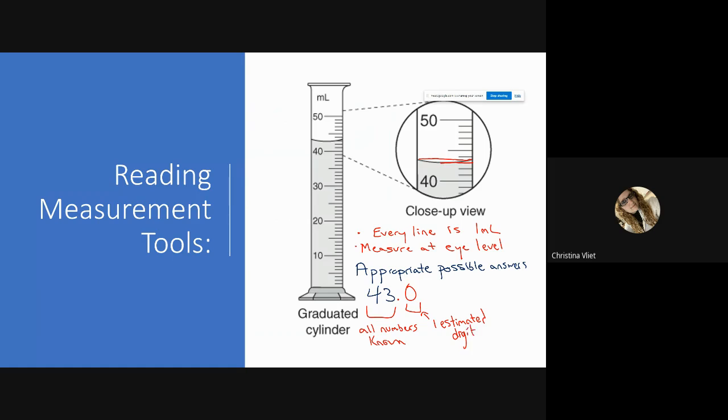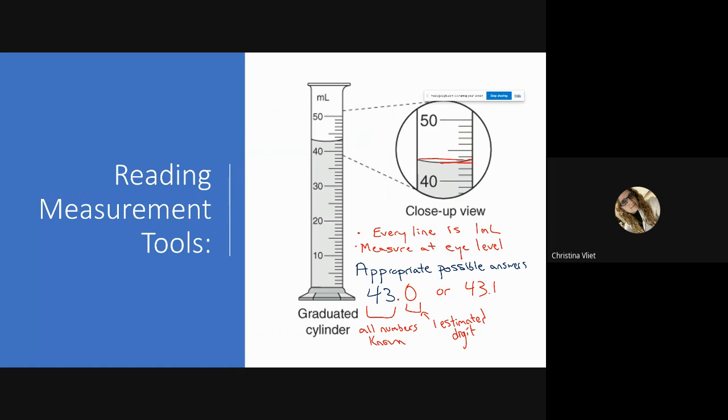One estimated value or digit. And this is how you read off of lab equipment properly. And so this would be 43.0. Now, what if you were like, I don't think that's exactly 0. I think it's right above 0. Instead of writing 43.0, what would you write? Like 43.1. And both of those are accepted.